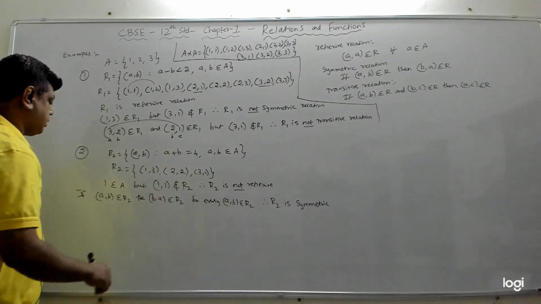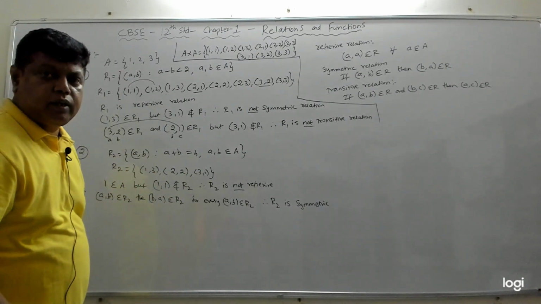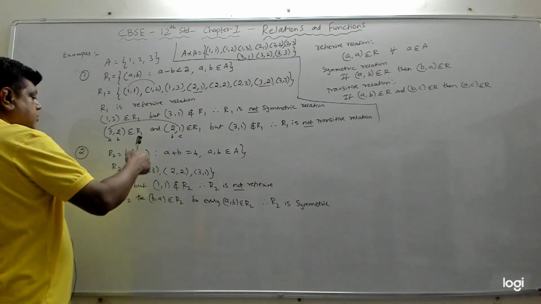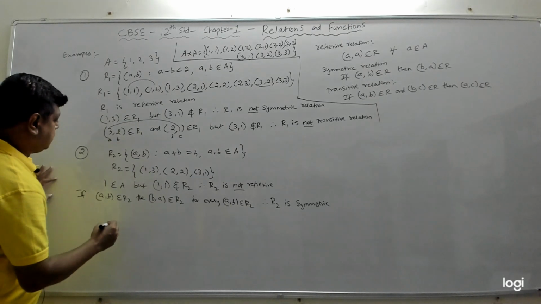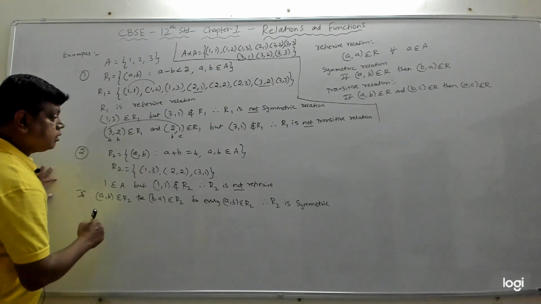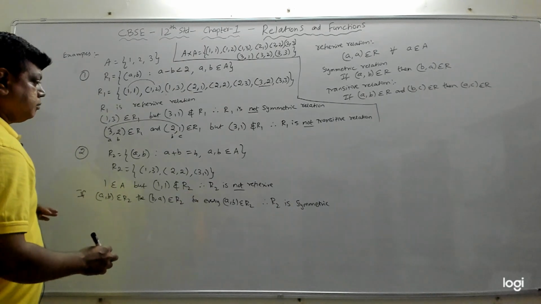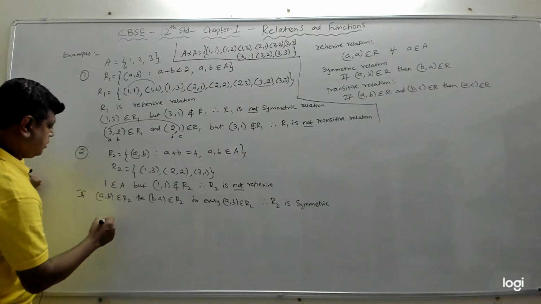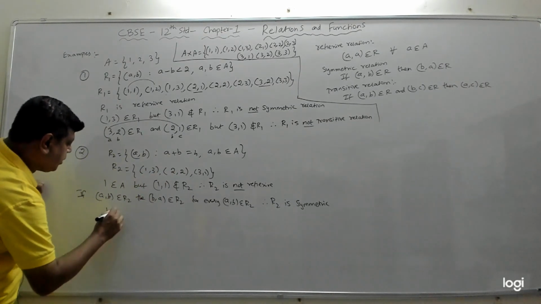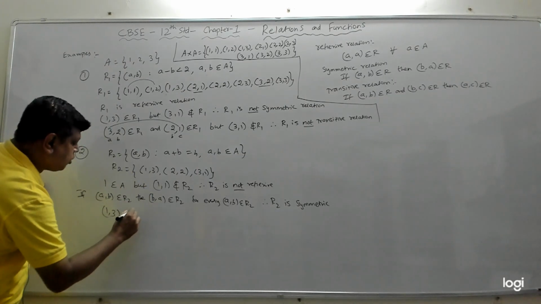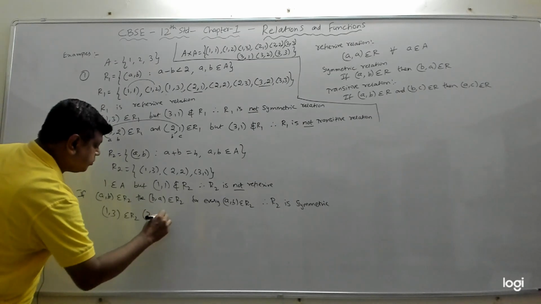Now the next one is transitive. Is this relation transitive? How do we check whether it is transitive or not? Let's take an example. Let's take these two elements: (1, 3) belongs to R2, and (3, 1) belongs to R2.